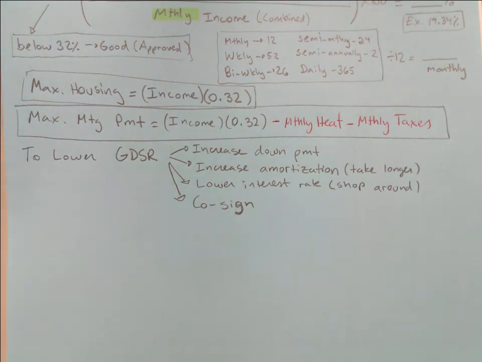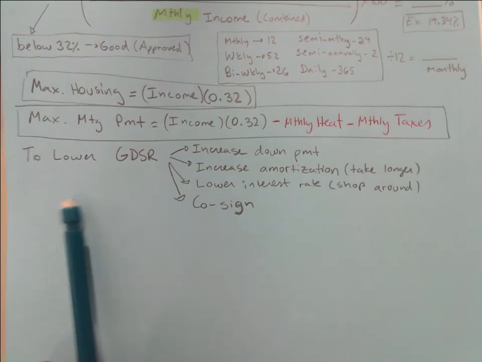If your mom or dad cosign, now you own the house with that person that cosigned. How does that help you? They take the income of that person that cosigned, and it gets bagged into one big income. So all of a sudden it looks like you're making more money. But if you don't pay, the cosigner is on the hook, right? So you have to watch out what you're doing.